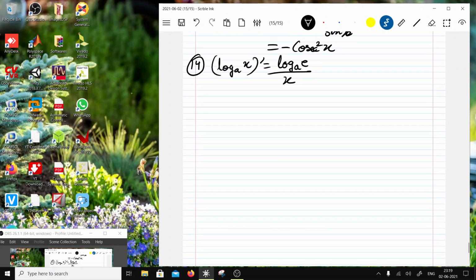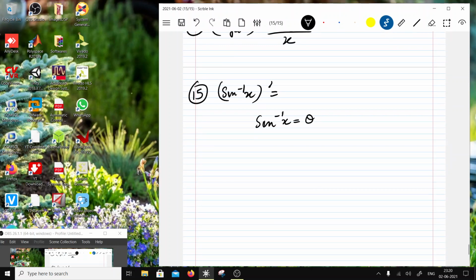Okay, now 15. Let's say sine inverse of x derivative. Okay, so I can write sine inverse of x equal to theta.